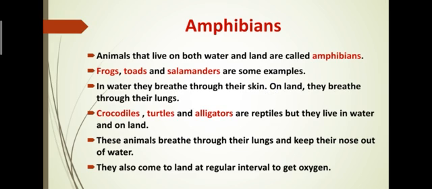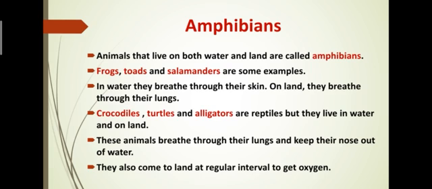Now, amphibians. Animals that can live on both water and land are called amphibians. Examples are frogs, toads, and salamanders. They are the amphibians and they can breathe through their skin in water, and on land they can breathe through their lungs.